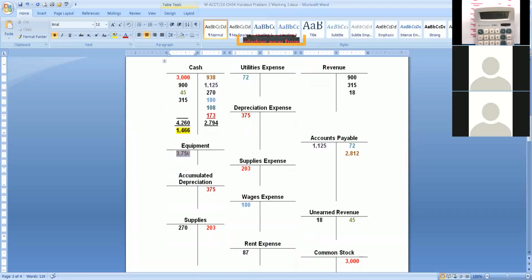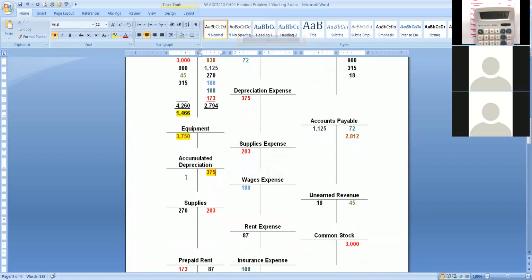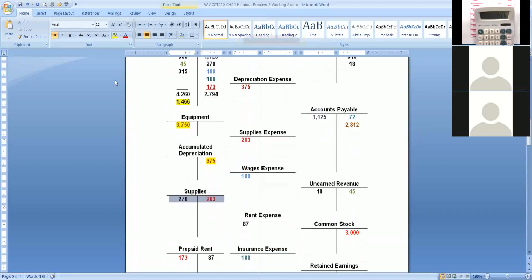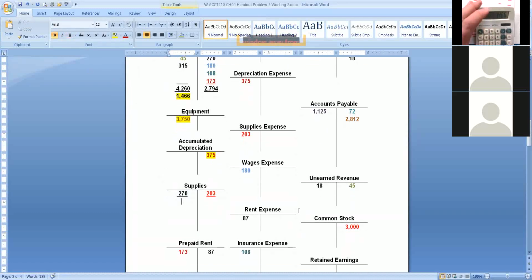Okay, now some of these we don't really need to do anything to get the ending balance. There's only one entry in there. Supplies, we need 270 minus 203, 67. Yep.